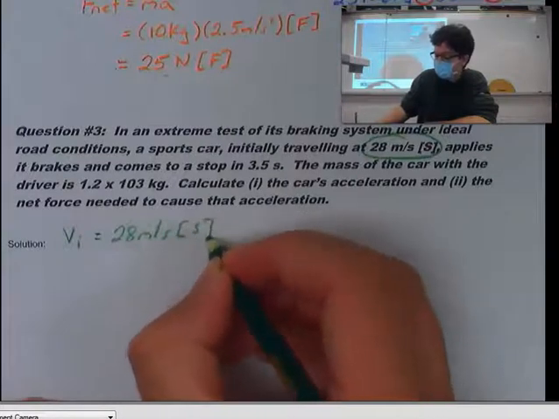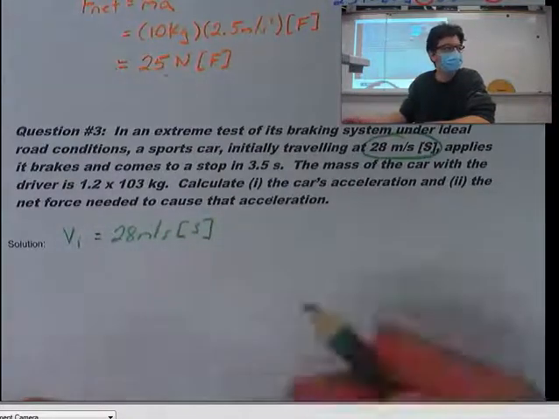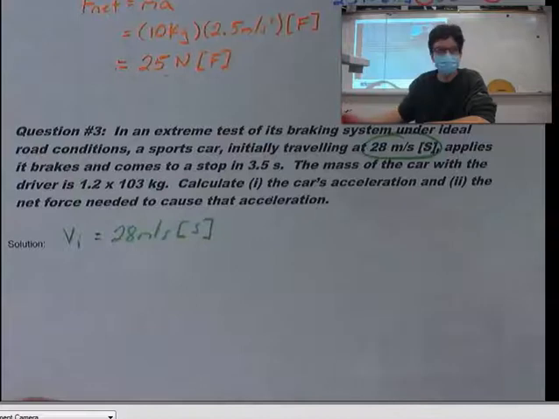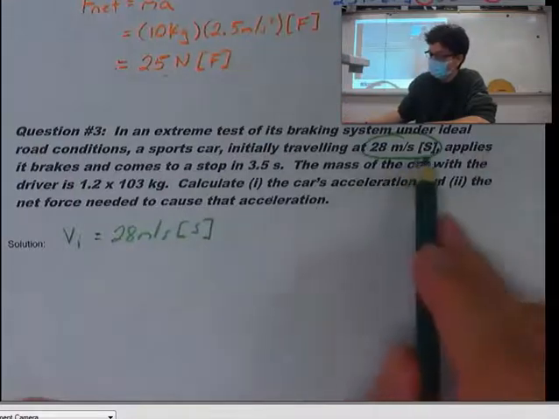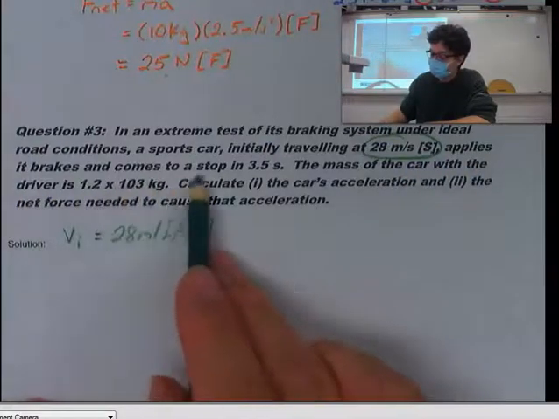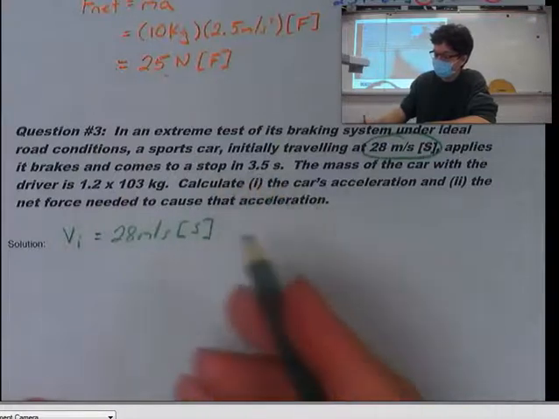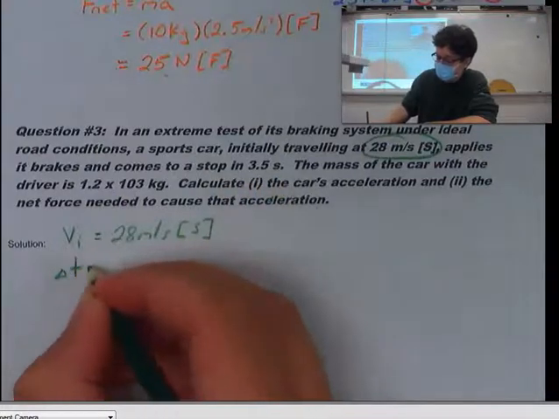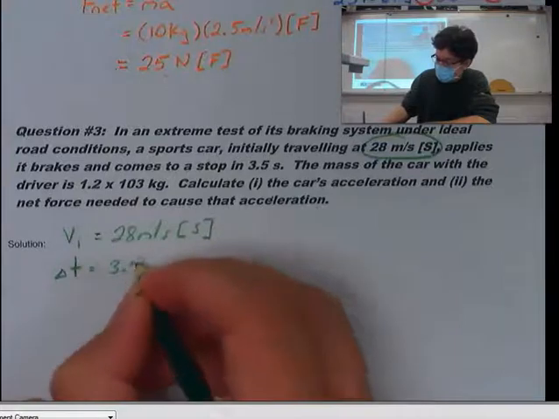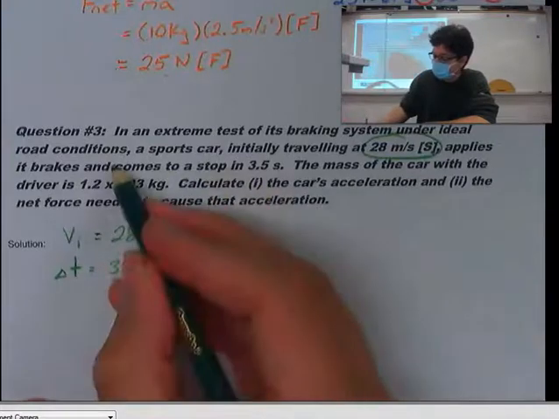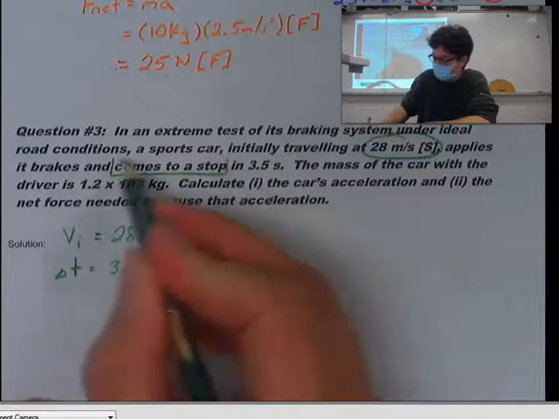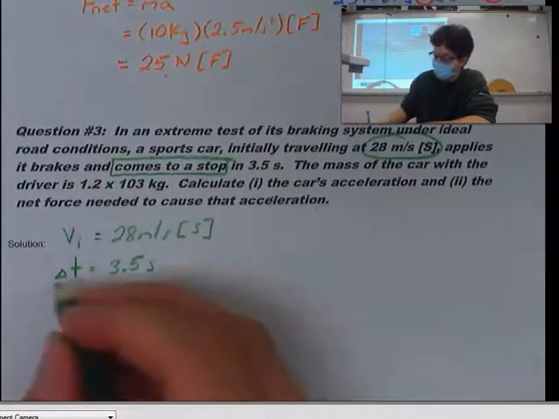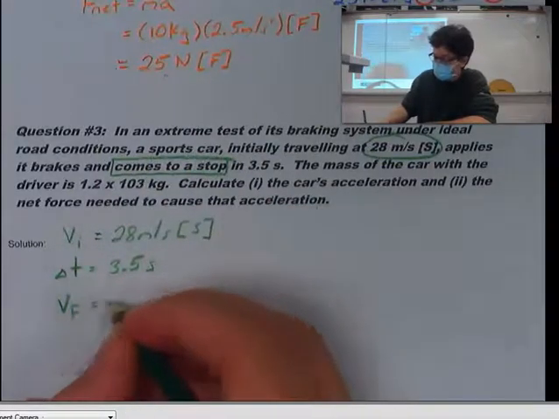This seems like the previous unit, but remember, force causes motion, so the two units are sort of intertwined there. Applies its brakes and comes to a stop in 3.5 seconds. So we have time is 3.5 seconds, and they're also telling us something else. They say comes to a stop. So that means our final velocity is 0.